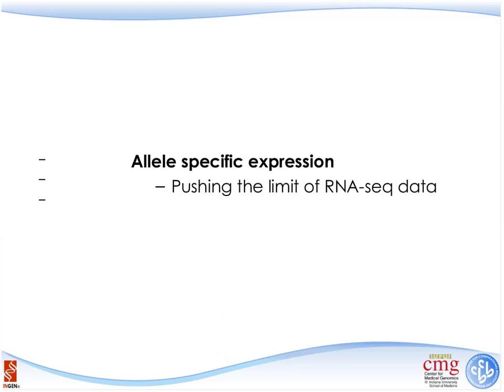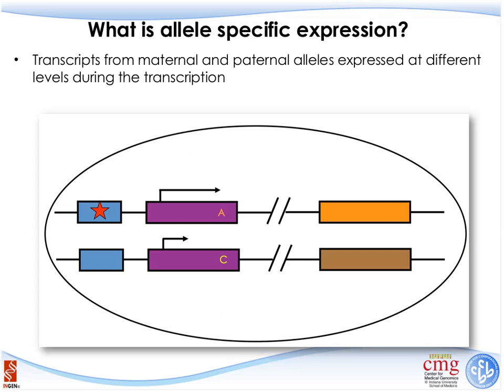So first part, what is allele-specific expression? Allele-specific expression is the phenomenon that transcripts from maternal and paternal alleles are expressed at different levels during transcription. In this particular hypothetical example, you can see clearly that there are two alleles here, and in the coding region there is a heterozygous variant, which is A allele or C allele.